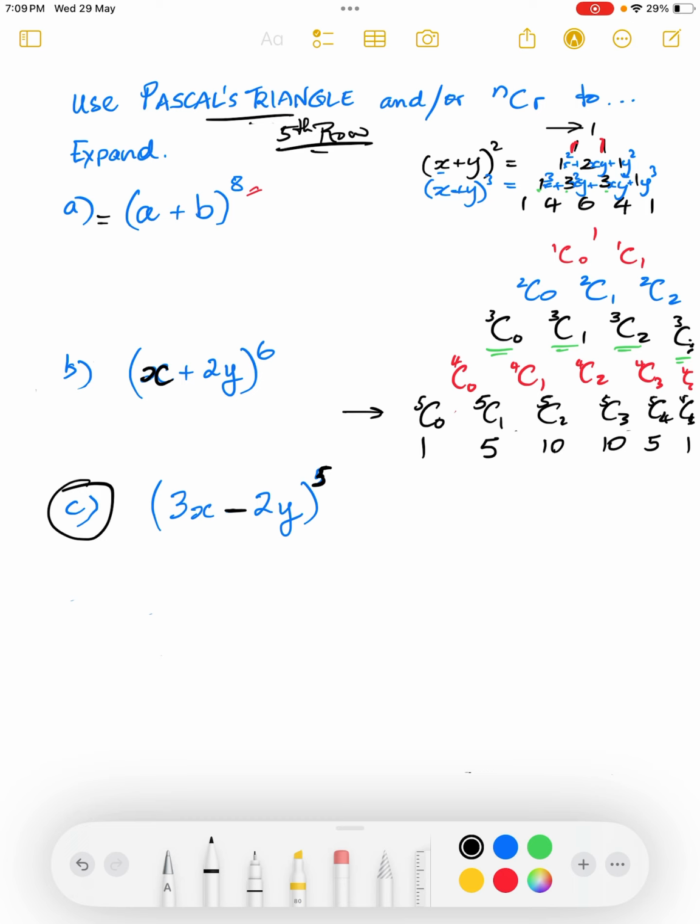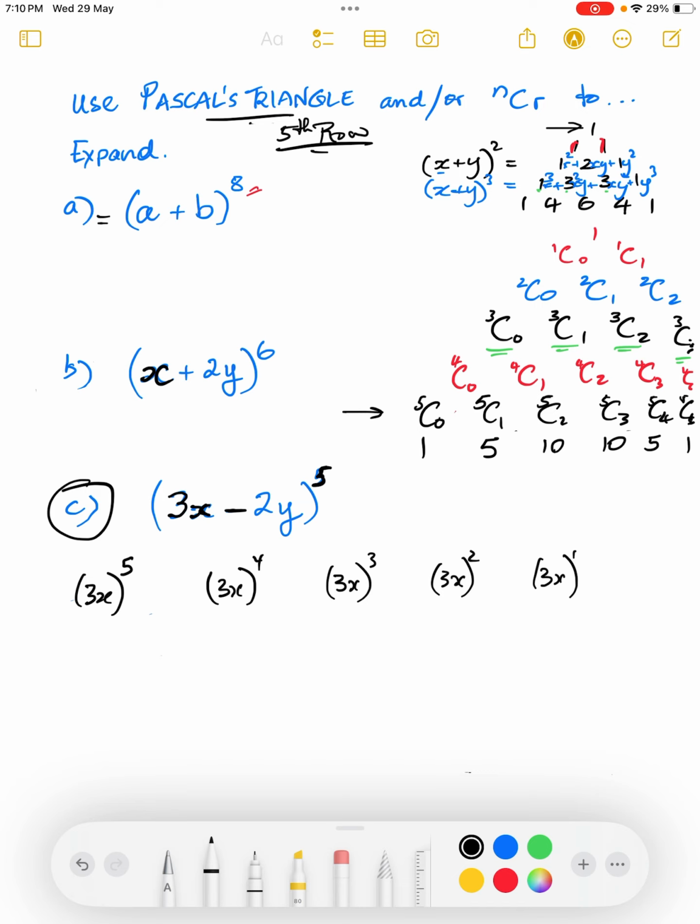Let's go and start with expanding. The first one I'm going to take is 3x. We start with 3x at the front, and we put that to the power of 5. Now, each term after that is going to drop by a power. So (3x)^4, (3x) cubed, (3x) squared, and 3x just to the power of 1.